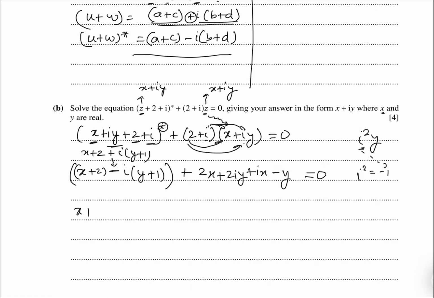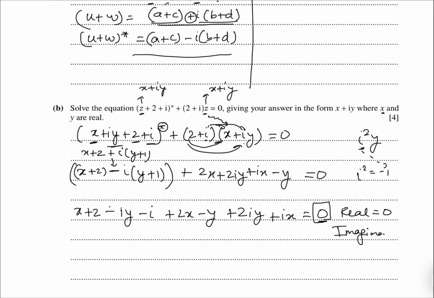It will become x plus 2 minus iy minus i plus 2x minus y plus 2iy plus ix equals 0. Now see, on this equal to sign, the real part is 0 and the imaginary part is also 0.